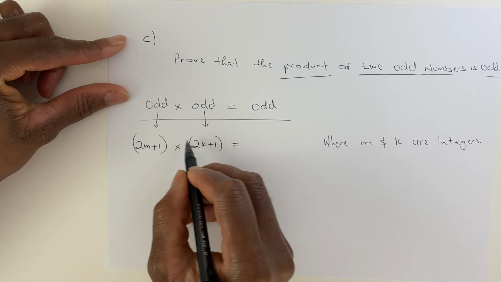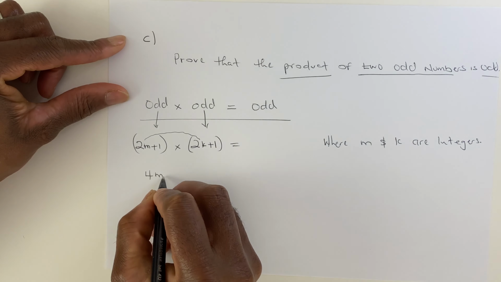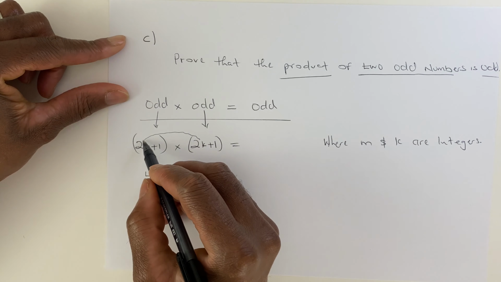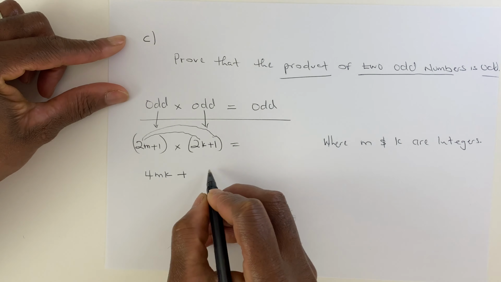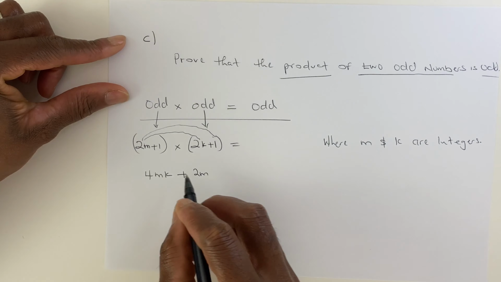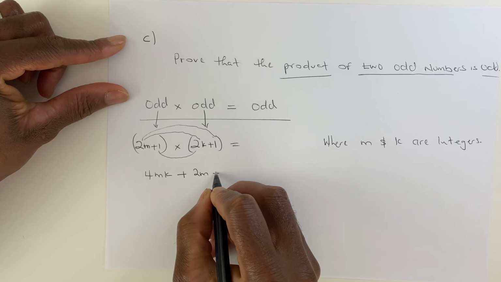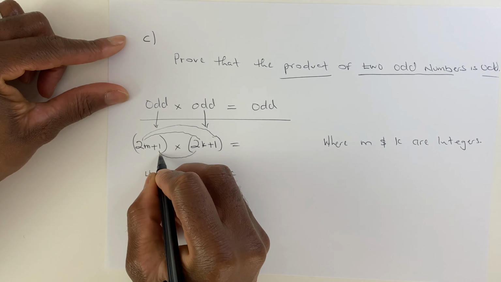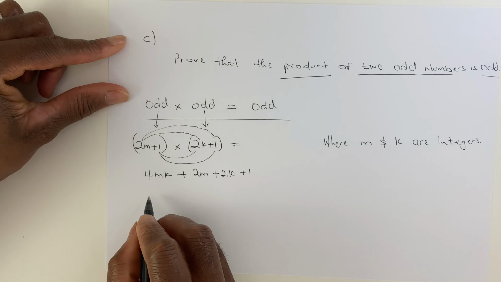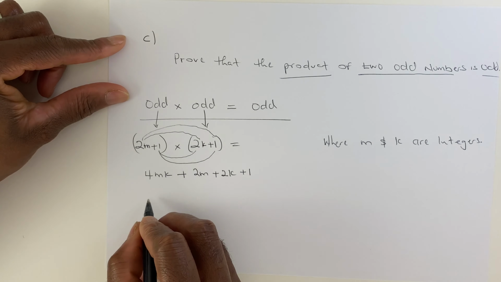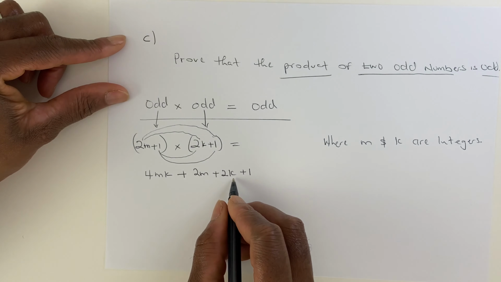So 2m times 2k will become 4mk. 2m times 1 will be plus 2m. 1 times 2k will be plus 2k. 1 times 1 will be plus 1. In this case, I have got 4mk plus 2m plus 2k plus 1.